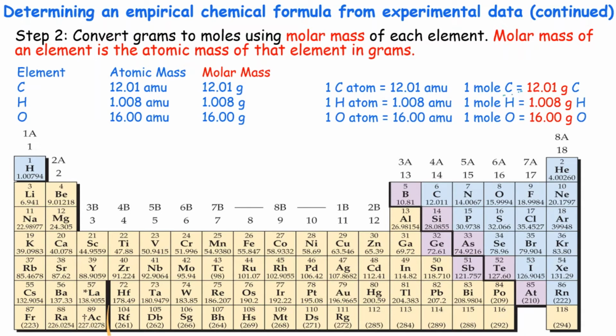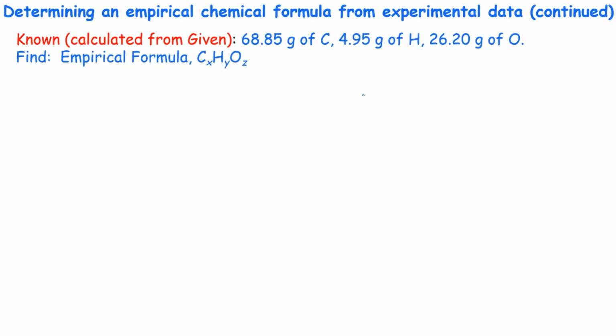But the molar mass means 1 mole of carbon atoms weighs 12.01 grams. It's the mass of 1 mole of the substance. Atomic mass is the mass of 1 atom of that element. So that's the difference.